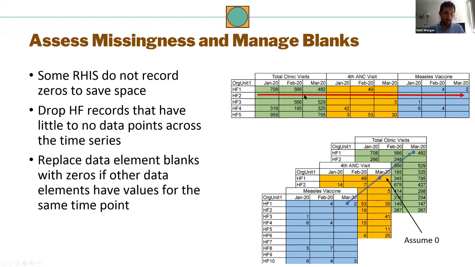One approach to filling in remaining missing values would be to assess a suite of data elements for the presence of a value at a particular time point, the same time point across each of these data elements. If one or some of the records have a value but others don't, you could assume that the missing values are actually 0 counts, shown here, and just fill in the blank with a 0. Before taking this approach, you should of course ensure that all the targeted data elements are indeed routinely reported.